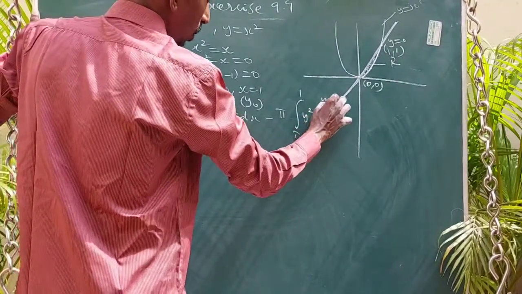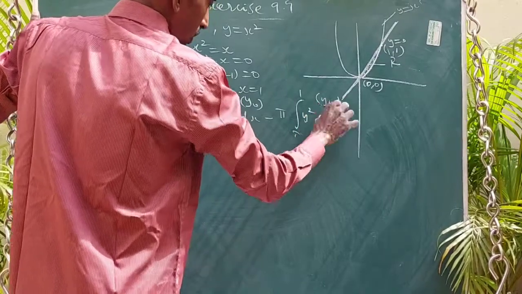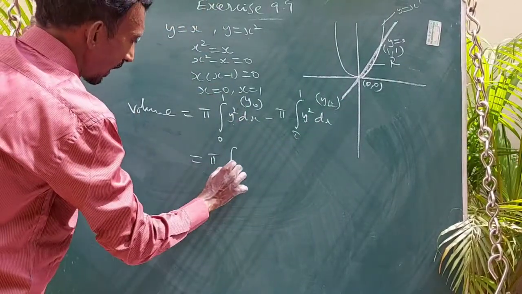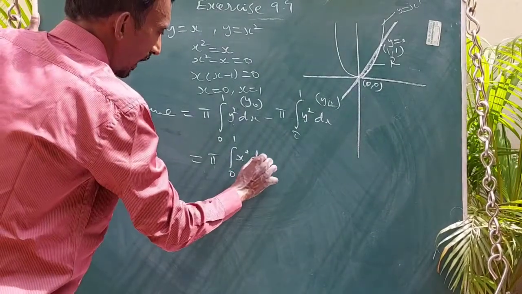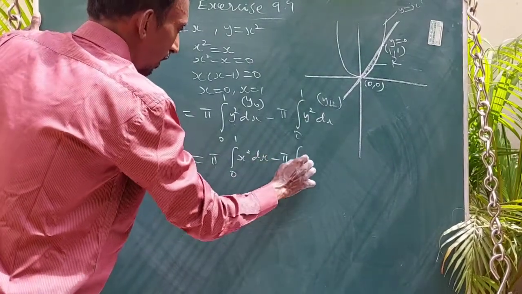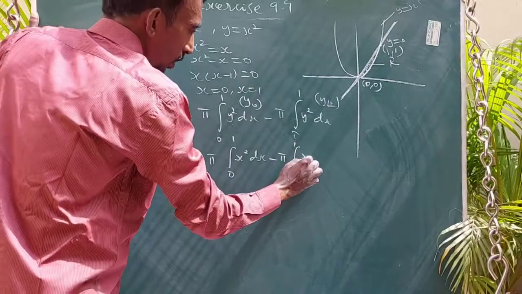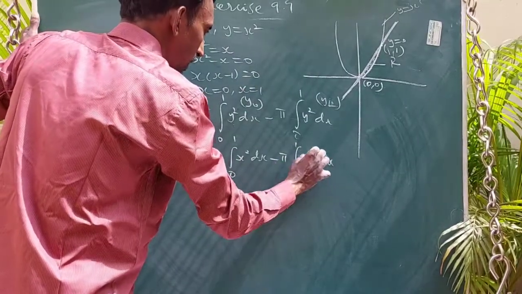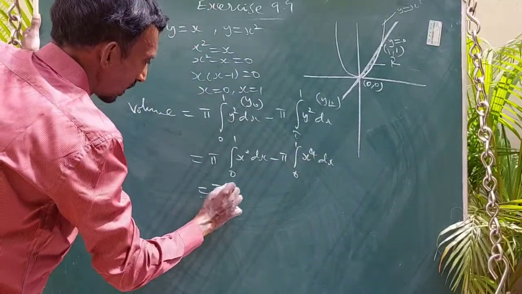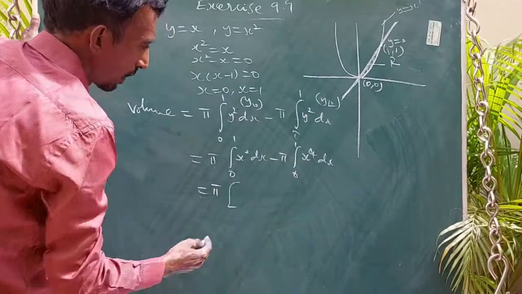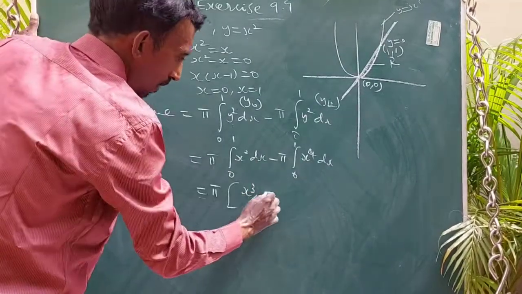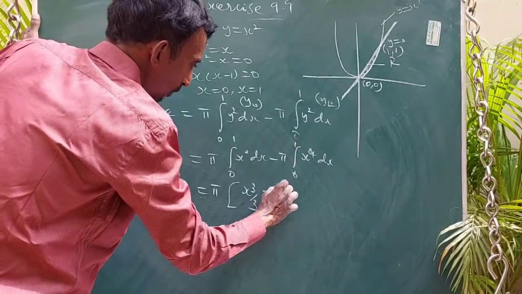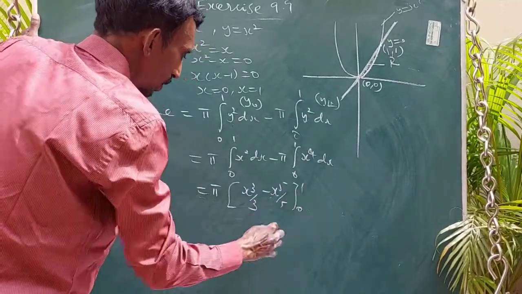So pi integral 0 to 1 of x square dx minus pi integral 0 to 1 of x square the whole square, x power 4, dx. If you want, you can take pi in common: x cube by 3 with the same limits, minus x power 5 by 5, limits 0 to 1.